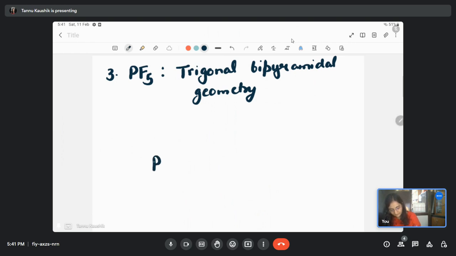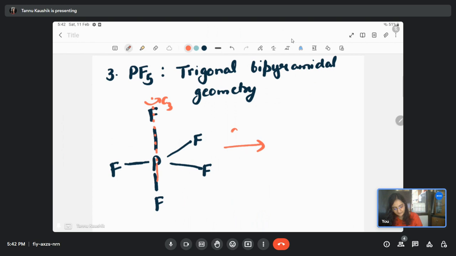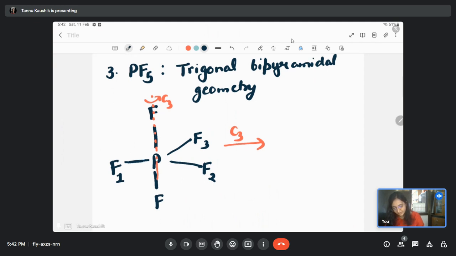So here we have a C3 axis of rotation, which is our principal axis here.